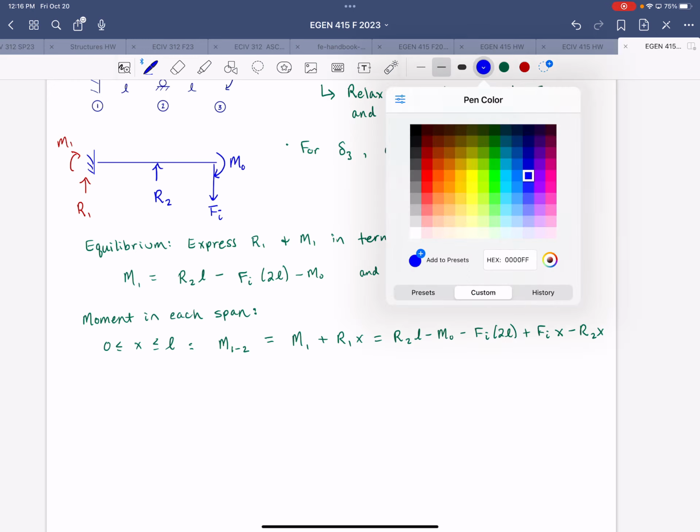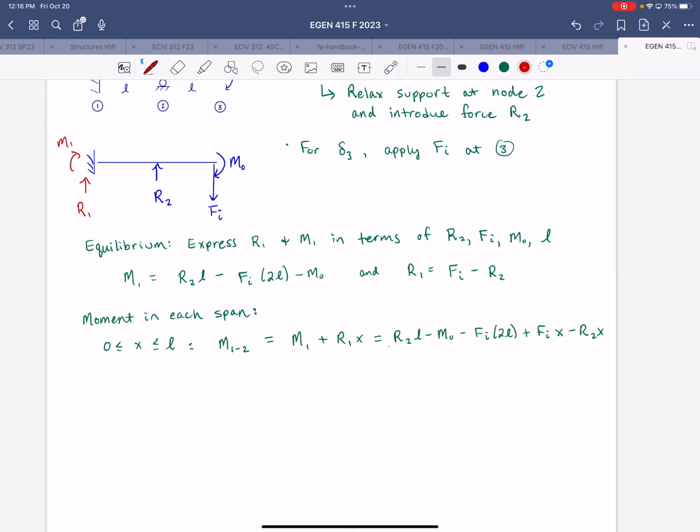All right, so say this first chunk here is M1, and this is R1x.